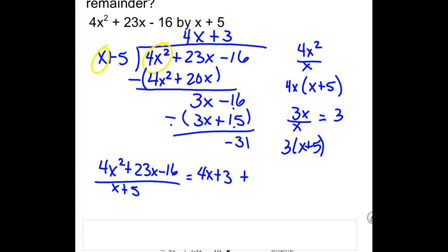You just said here's my remainder. Then you started learning about fractions, and you said, okay, well, that negative 31 is trying to be divided by x plus 5. It's just too small. I don't have any x's to pull out. So I would put down here that I have a negative 31. It's being divided by x plus 5. I just can't simplify that anymore. That would be the fraction part that's left.